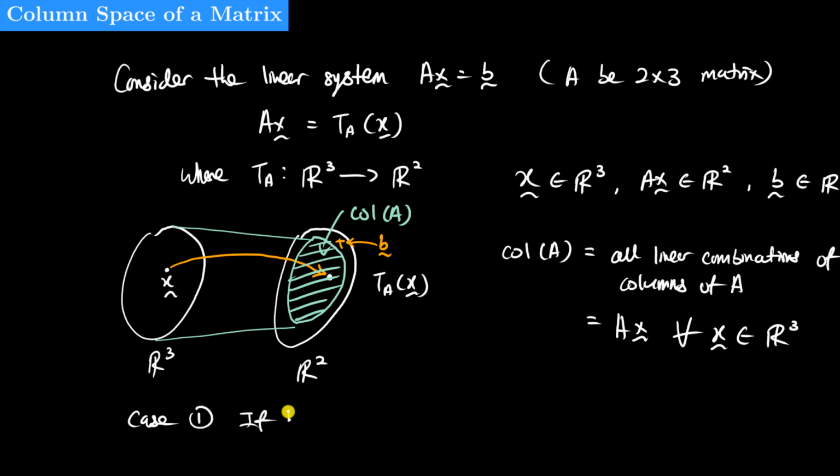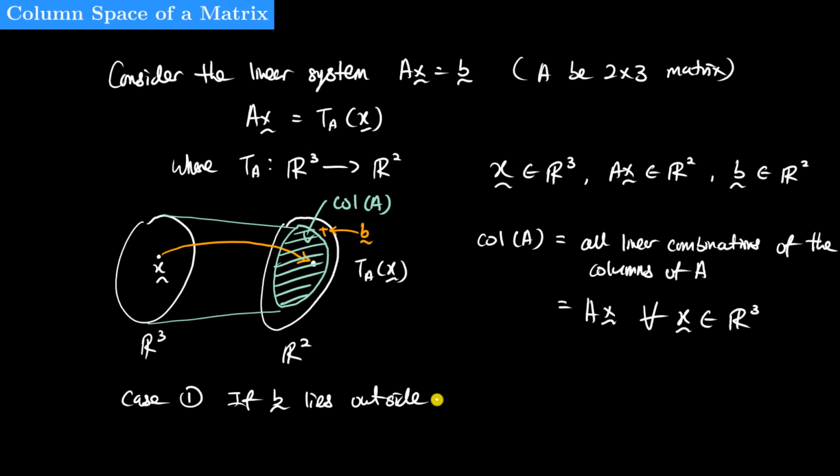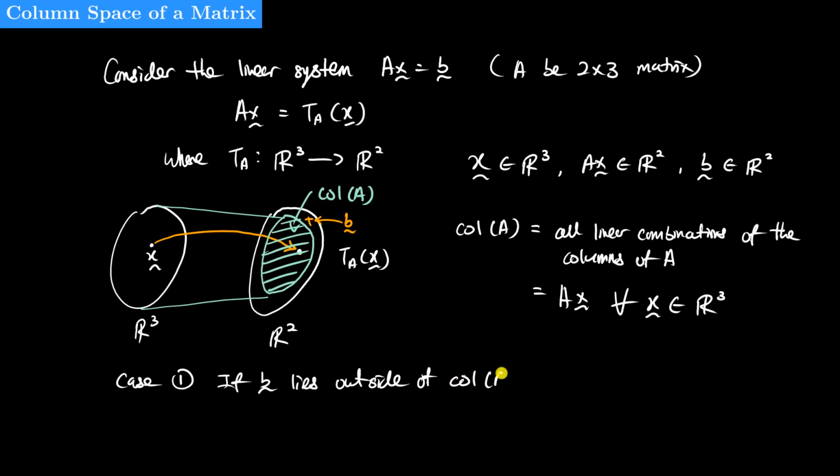If b lies outside of the column space of A, that is, b is not in the column space of A, then this implies that Ax equal to b has no solution.